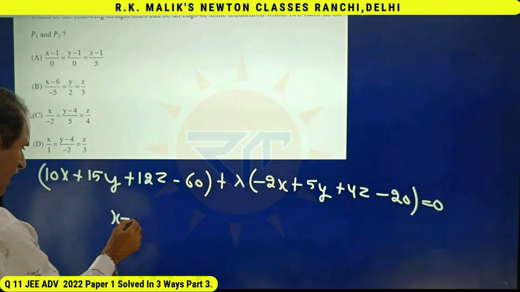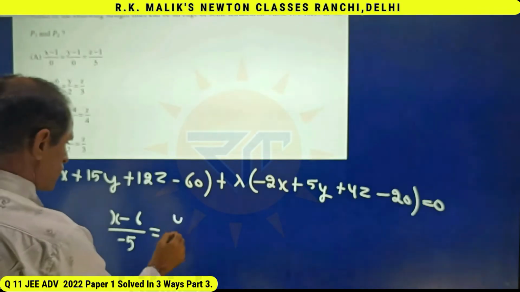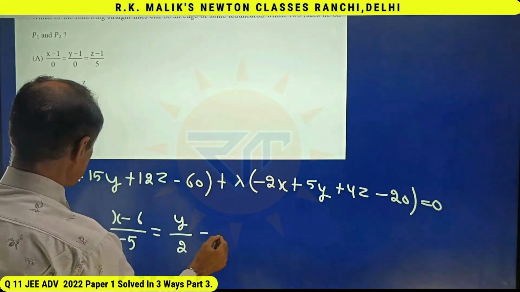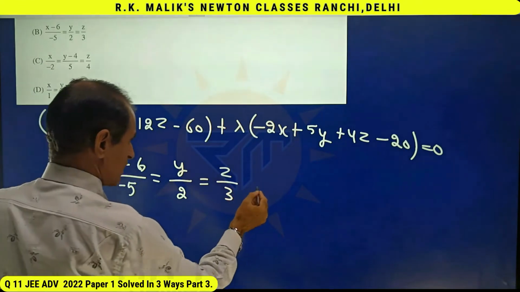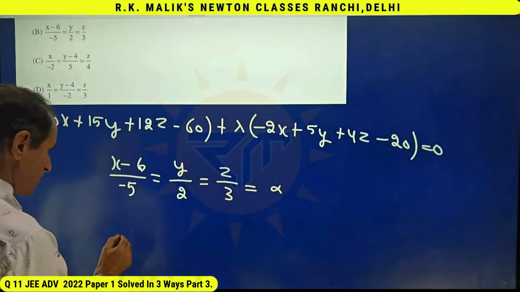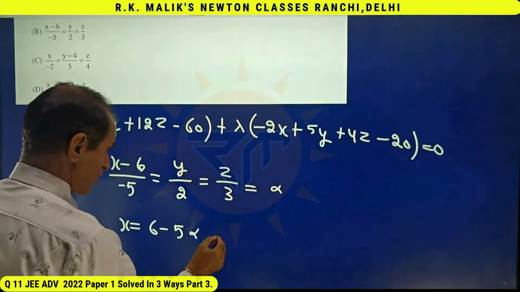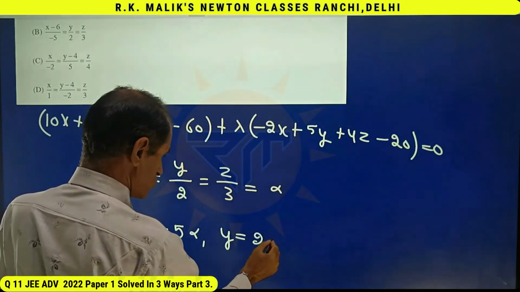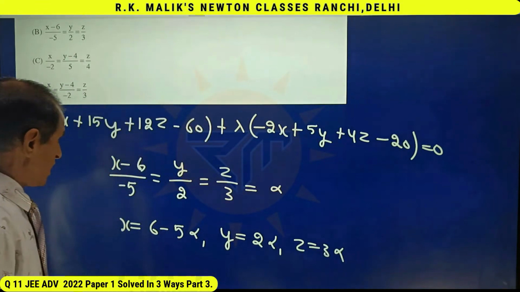Now, let us deal with the second case. Here the line is x minus 6 upon minus 5, y by 2, z by 3. And again let us suppose equal to alpha, x equal to 6 minus 5 alpha, y equal to 2 alpha, and z equal to 3 alpha.